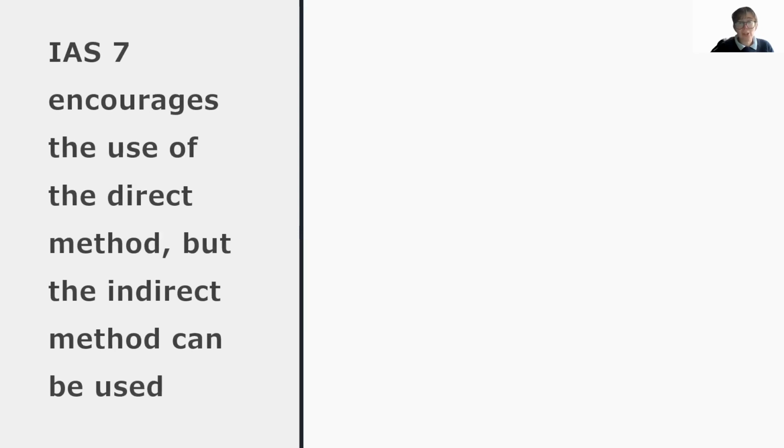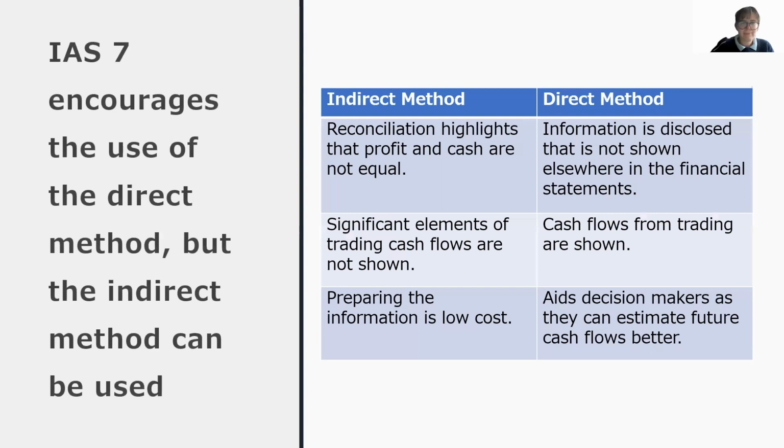So, although the indirect method tends to be more commonly used, IAS 7 actually encourages the use of the direct method. The indirect method enables the reconciliation to highlight that profit and cash are not equal.